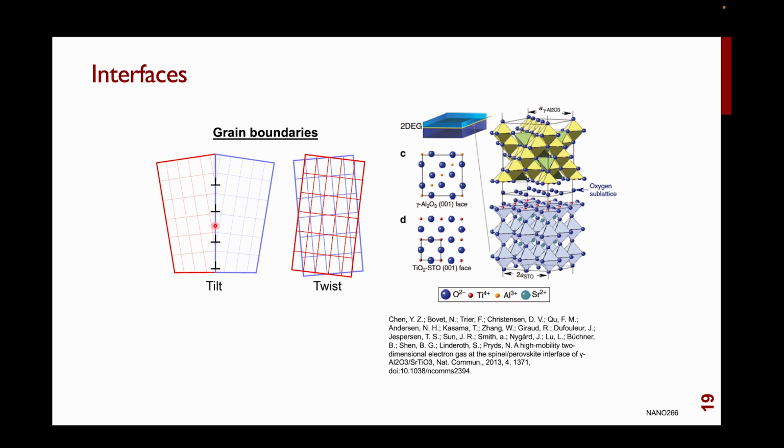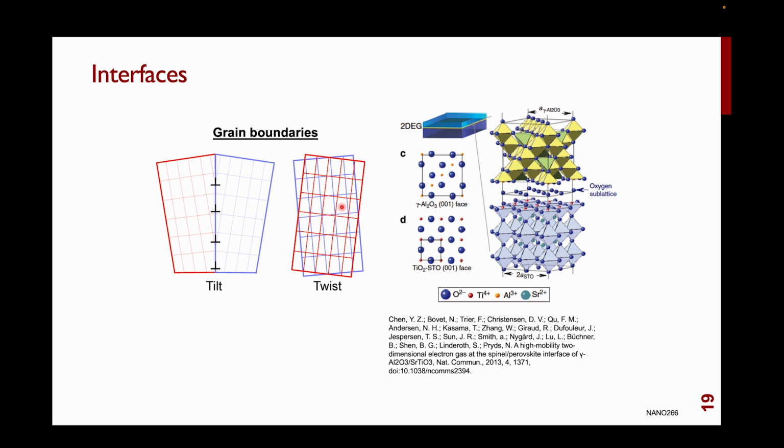There are what I call tilt grain boundaries, where essentially you have just two crystals that are offset from each other by just a rotation of one crystal with respect to the other, okay? Now, there's also what is called a twist grain boundary, where you have two crystals and then you just rotate them in this manner, okay? So, both types of grain boundaries are important, okay?